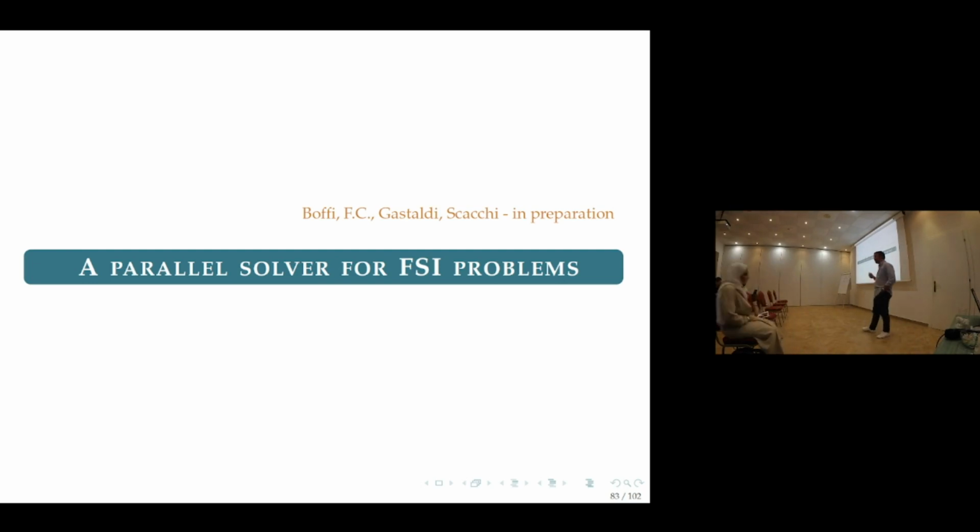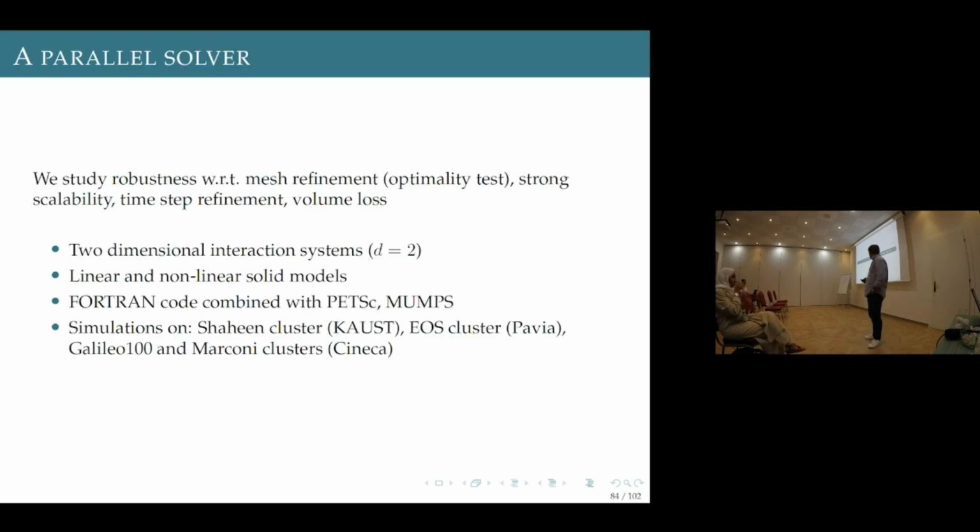Parallel solver for FSI problems. This is a joint work with Daniele Boffi, Lucia Castaldi, and also Simone Scacchi. So basically, we want to study the robustness of our method with respect to the mesh refinement, the strong scalability, time step refinement, and volume loss.